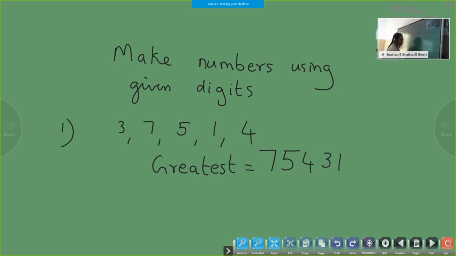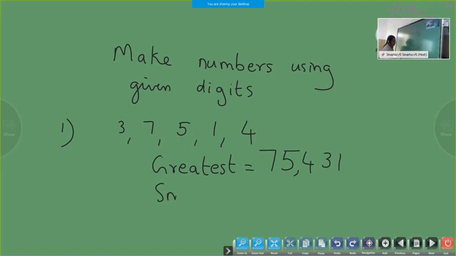You cannot put commas after each digit. If you put commas after each digit, that is wrong. So arrange in descending order and put the commas according to the place value chart.